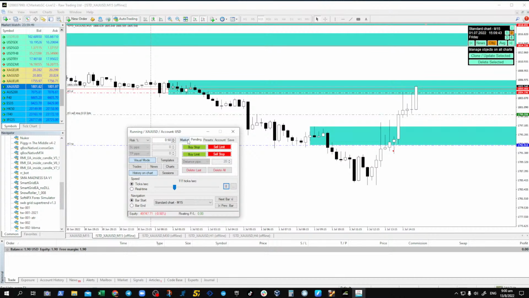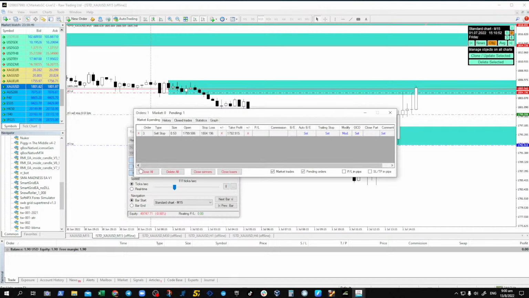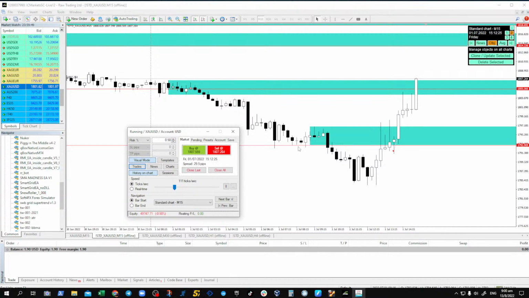So again, we have to cancel this order. Trades, delete. Okay. So price continues to go bullish, and if it closes above this S zone, that means we want to go bullish instead of bearish.